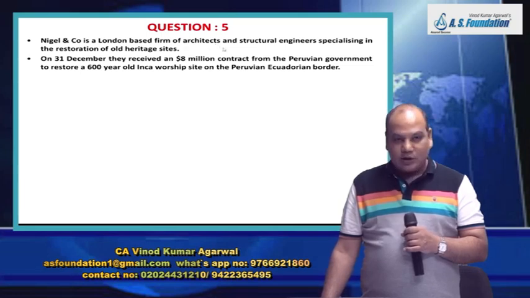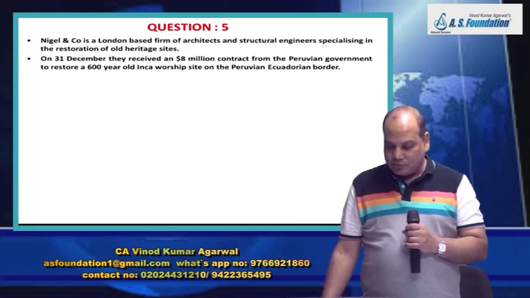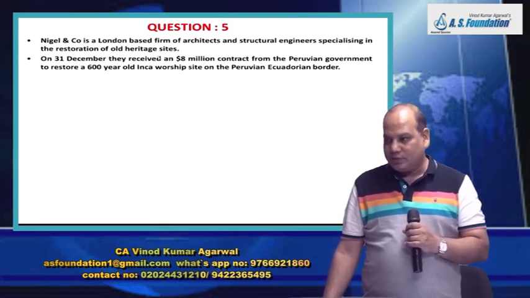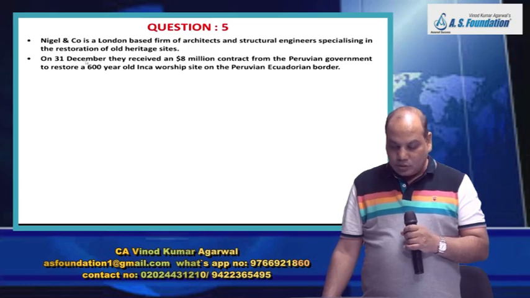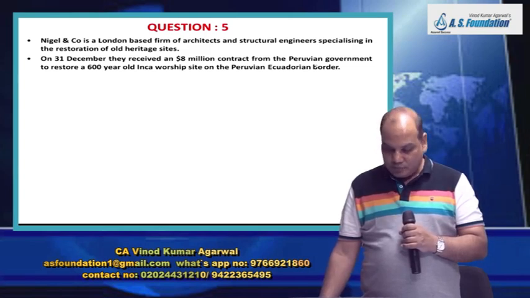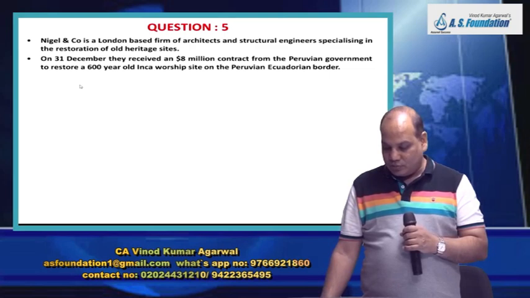It is a firm of architects and structural engineers specializing in the restoration of old heritage sites. On 31st December, they received an $8 million contract from the Peruvian government. There is a country called Peru. Government is called Peruvian.